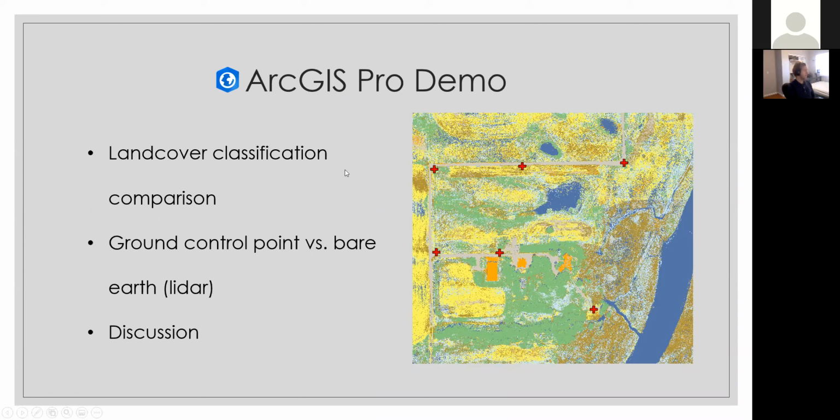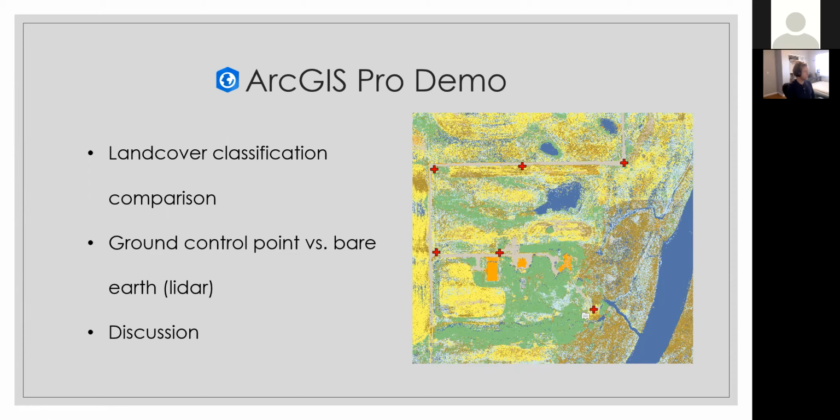And then from there, I was able to generate a bunch of random points across the area of interest, and then extract the difference value, right? So the comparison between the digital terrain model and the bare earth model, and then also the land cover classification. And then from there, I was able to generate a number of different statistics.